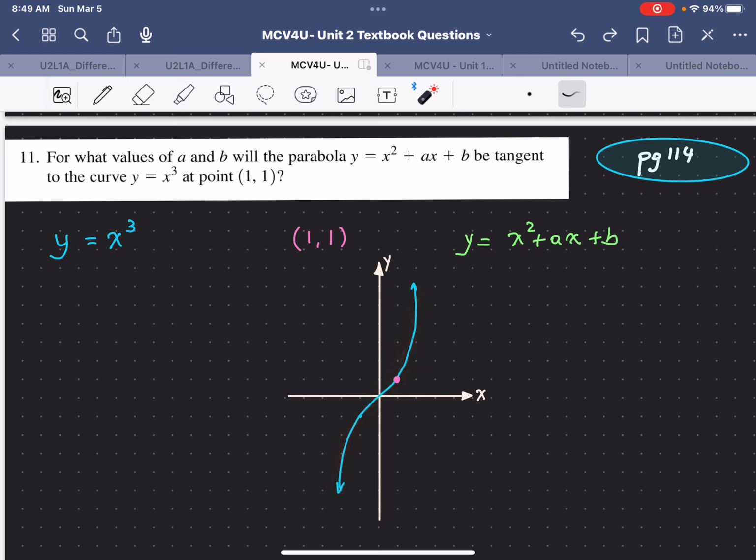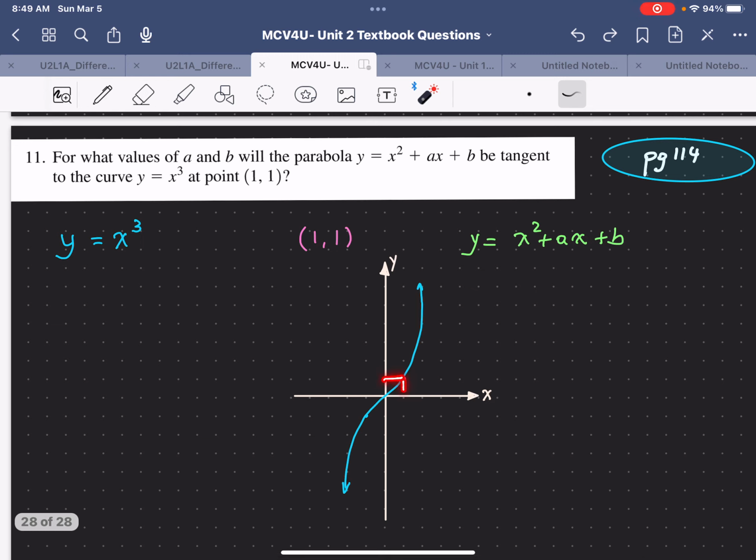I'm going to draw here the graph of the function y equals x cubed. For the parabola to be tangent to this curve, it means that they have a common point of tangency. So wherever you draw a tangent on x cubed, which is at (1, 1), that would be a point of tangency for the parabola as well. The point (1, 1) is right here.